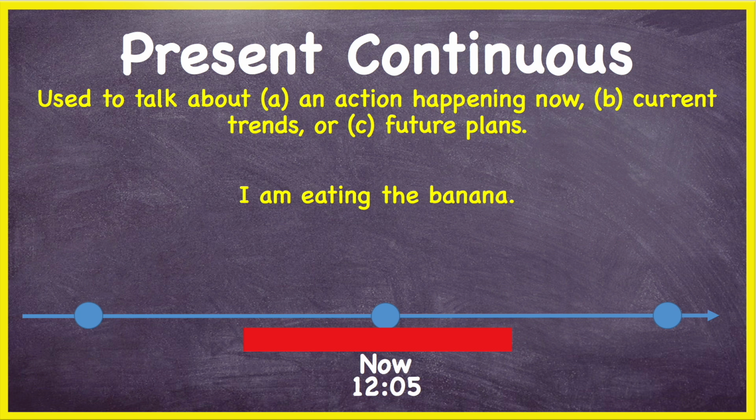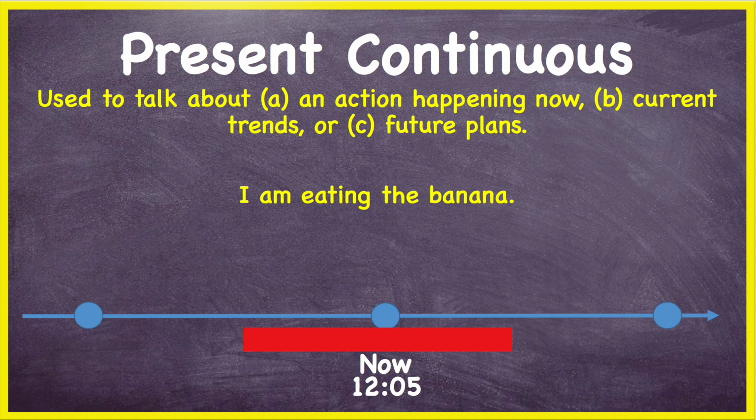It can also be current trends. So you could say, these days, many people are visiting China, or these days, many people are using Facebook. So it's something that is happening on a normal basis. Or it could be future plans, to talk about something maybe you will do later on.